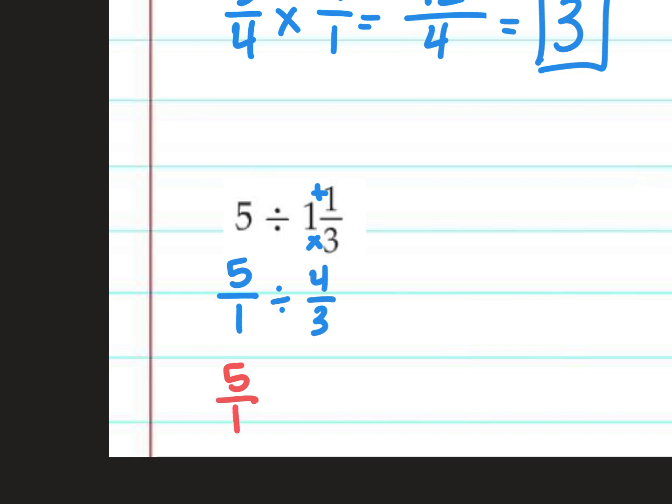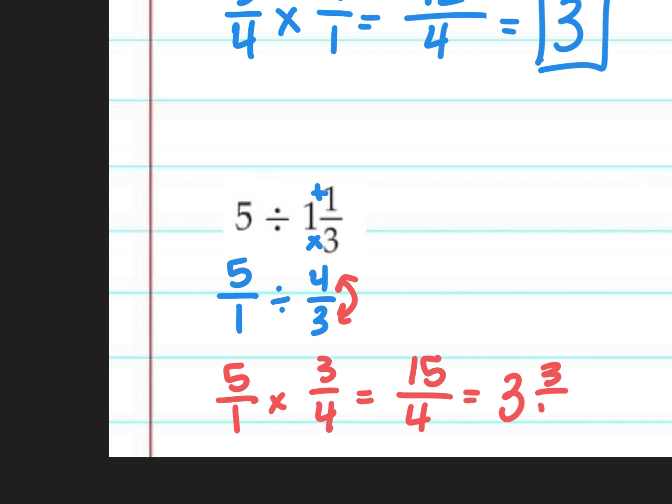Keep the first fraction the same, change to multiplication, flip the second fraction, so 3/4. And then we can multiply. 5 times 3 is 15, 1 times 4 is 4. Let's turn this back into a mixed number. 4 goes into 15 3 times, which would be 12, with 3/4 left over. And that's in simplest form. So big important step, remember to make them improper first.